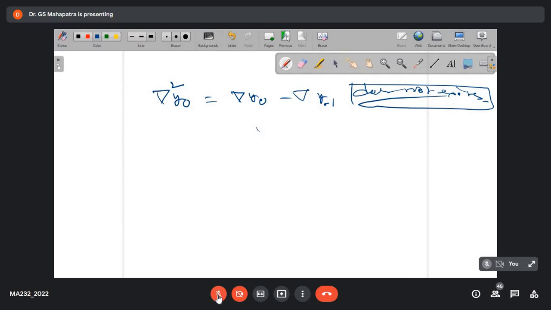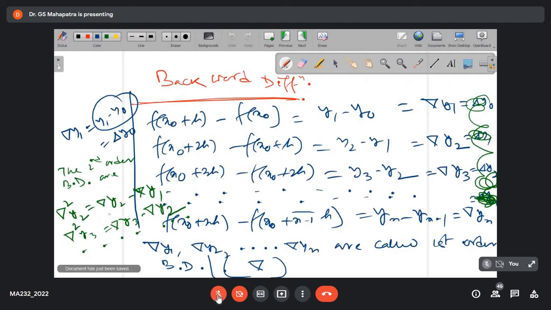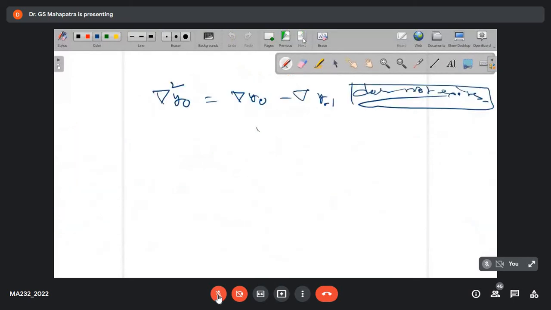So go to the previous slide: we start with y naught, and then one less, so the next one would be minus 1. We do not have y minus 1, since we are starting from y naught, so you can't find it. What about nabla 2 y1? The answer is nabla y1 minus nabla y naught.